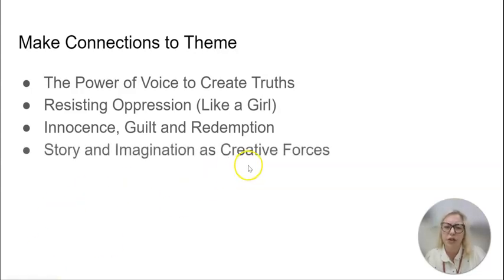Story and imagination as creative forces is our last theme. And for this one, I think, again, with structure, the way that Offred is choosing to tell her story, and that she gets to use her imagination to recreate it for the reader, is her way of gaining some agency. It is a creative force that sustains her, allows her to survive, allows her to last.